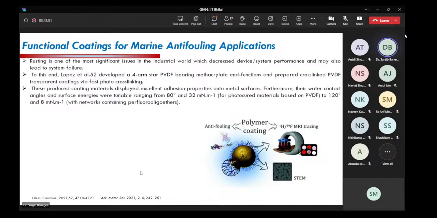That was using a coumarin moiety, which undergoes photocuring when we shine 365 nanometer light or UV light, that undergoes 2 plus 2 cycloaddition reaction and generates a cross-linked network. But that was reversible when we shine 254 nanometer light, the cross-linking breaks down. So basically it was a reversible 2 plus 2 cycloaddition reaction in that case.